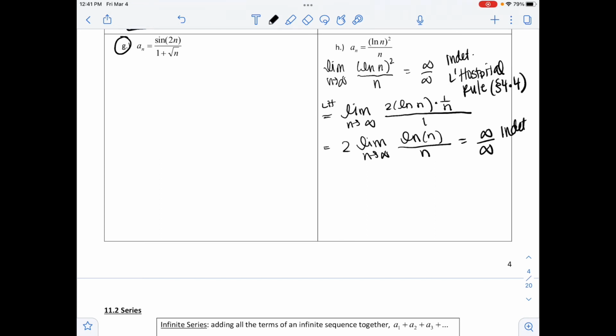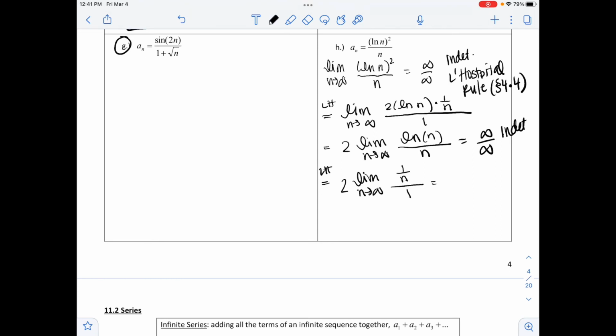And so we're going to go ahead and use L'Hopital's again. Notice I'm putting an LH above my equal sign when I'm using L'Hopital's. This is a way to communicate that you are using L'Hopital's rule. So we still have a 2 out in front, and then a limit as n approaches infinity. Taking the derivative of the numerator, the derivative of ln of n becomes 1 over n, and the derivative of the denominator is just 1.